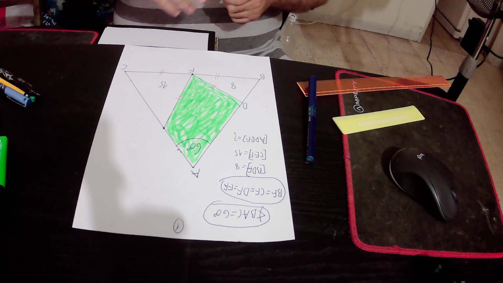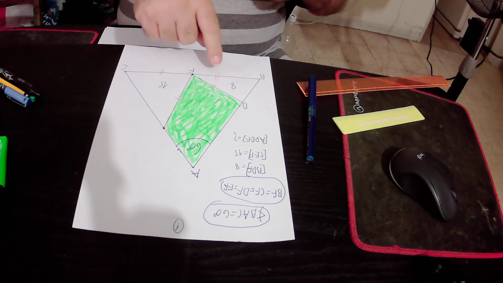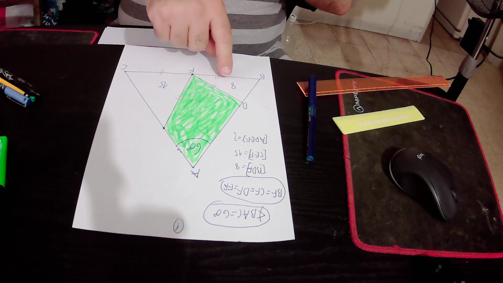and we also know that triangle BDF equals 8 square units.